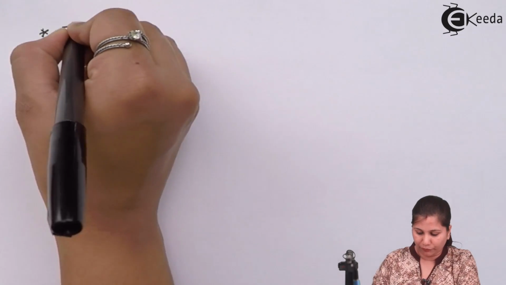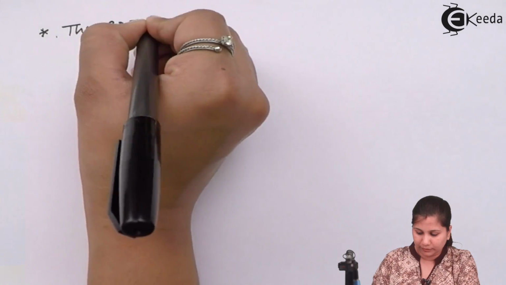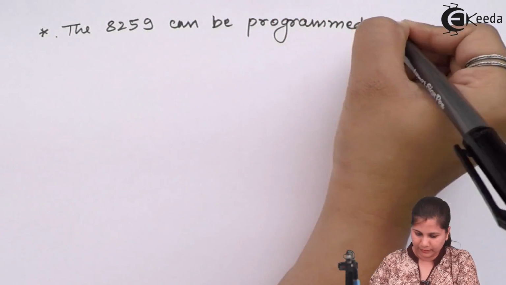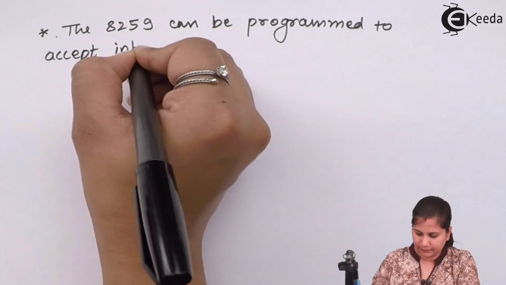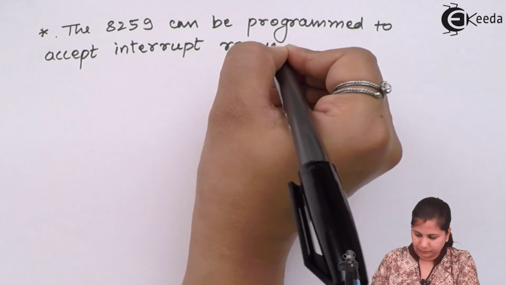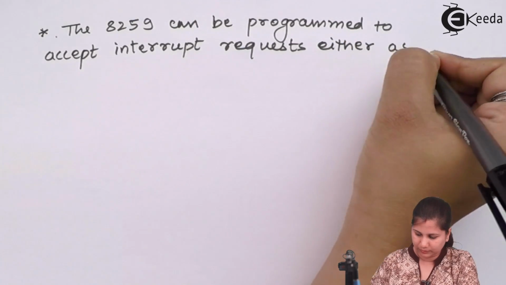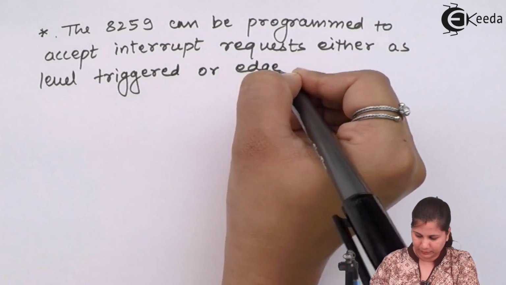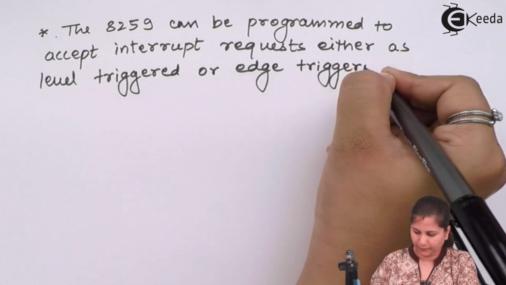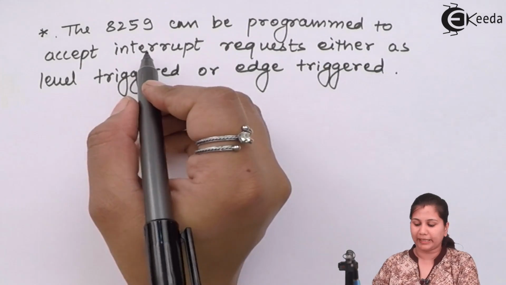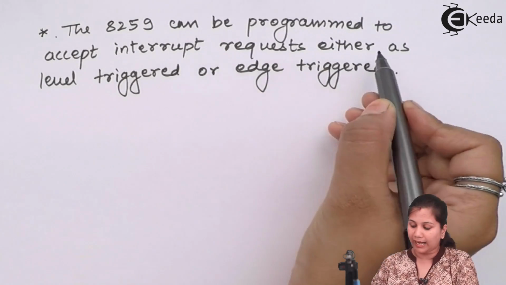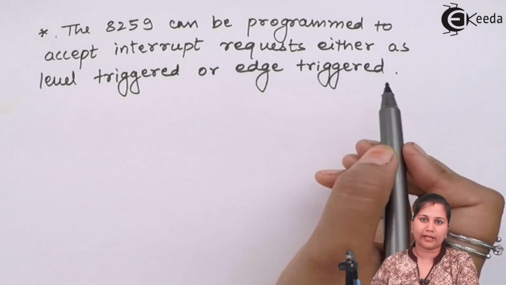So here we can write that this 8259 PIC controller can be programmed to accept the interrupt request either as level triggered or edge triggered.